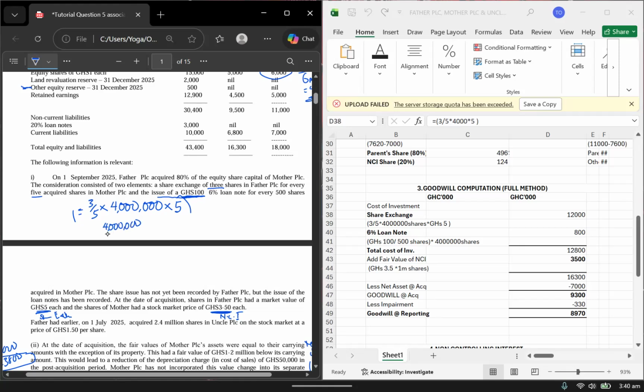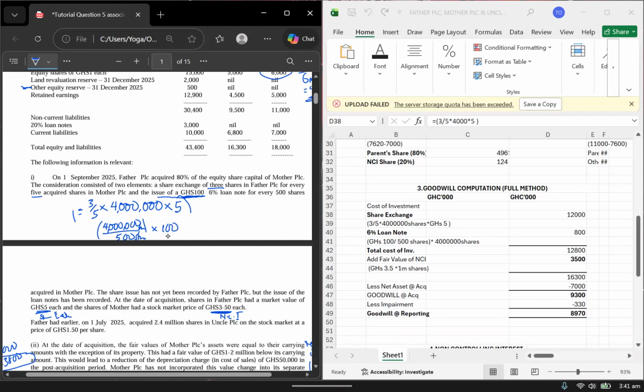Okay. And then you are saying that for every 500 out of this, you're going to give 100. For every 500. So how many 500s are we having in this 4 million? You choose to divide it by what? 500. So this one is shares. This one is also shares.